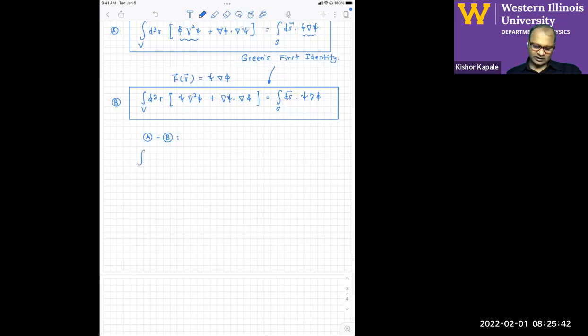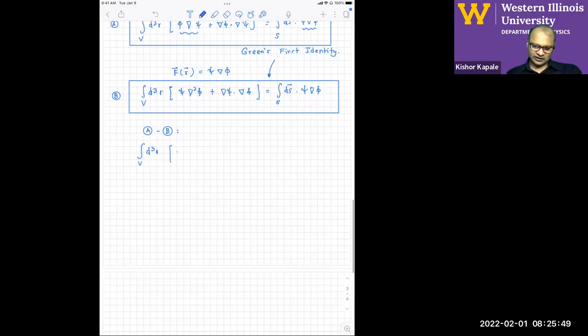And so on the left-hand side, for the volume integral, it's just the difference between the Laplacian terms that will survive, right? Because for the dot product of the gradients, the order does not matter. And so this is what you will have on the left-hand side. On the right-hand side, everything survives because it is asymmetric to begin with. So you will have phi gradient psi minus psi gradient phi.